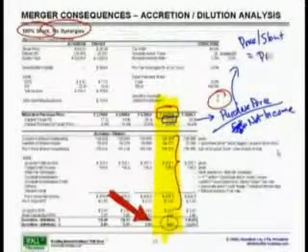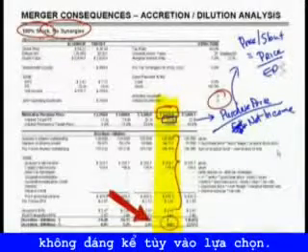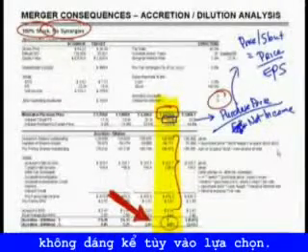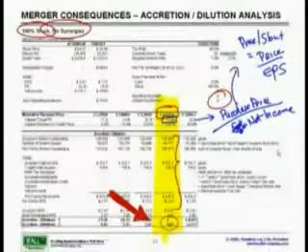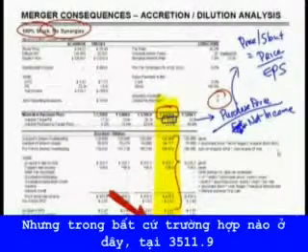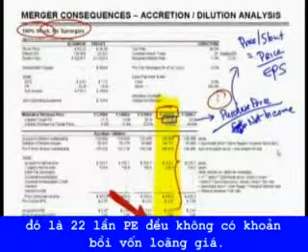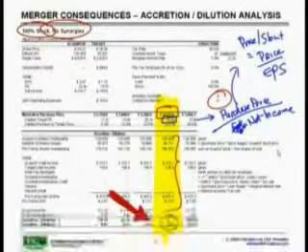That gets you your price per share divided by your EPS. This will be slightly different numbers due to options. But in any case here, at 3511.9, that is a 22 times PE, giving you no accretion dilution.